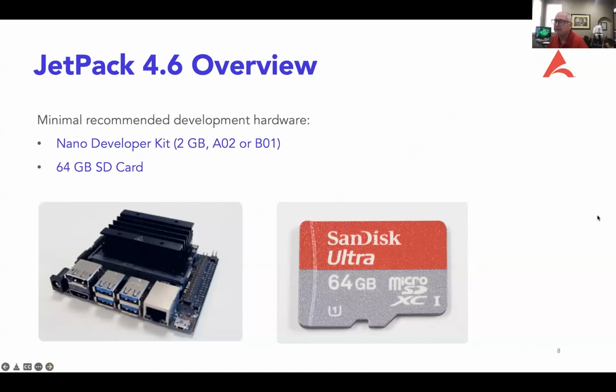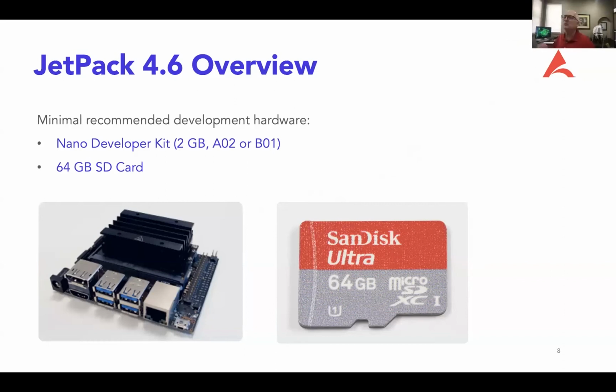All right, so this is my take. So if you're going to jump off from your Raspberry Pis and other devices and get into, hey, I want to learn about NVIDIA devices and so forth, this is really my minimal recommendation. You can choose any of the Nano developer kits.